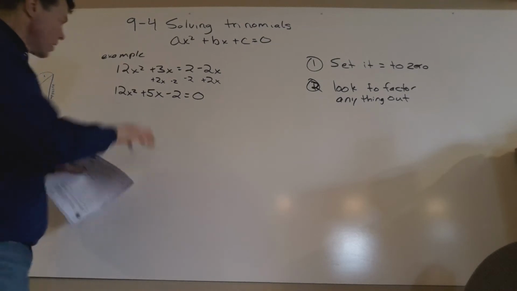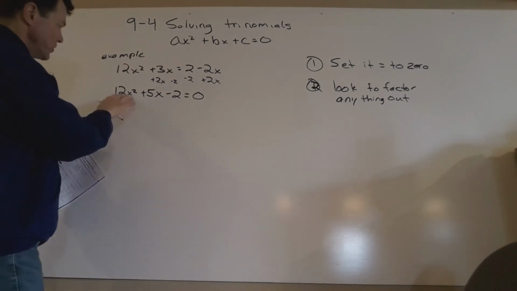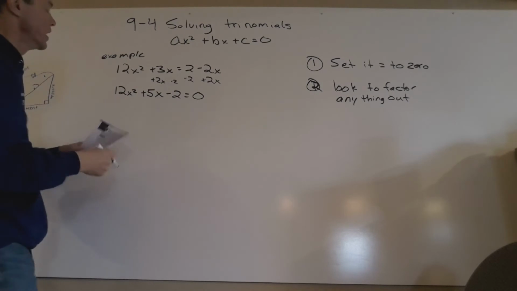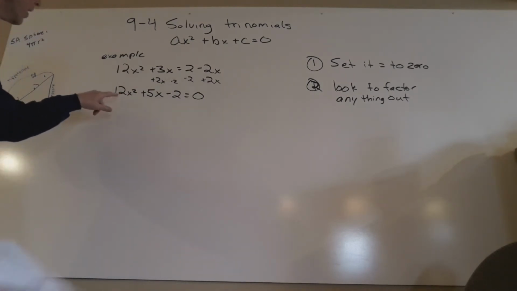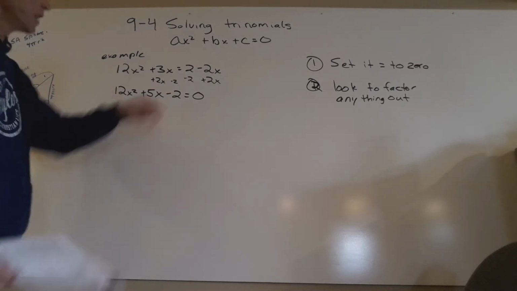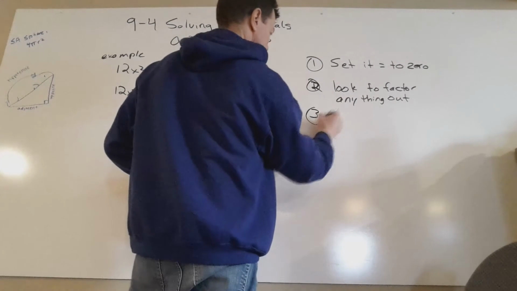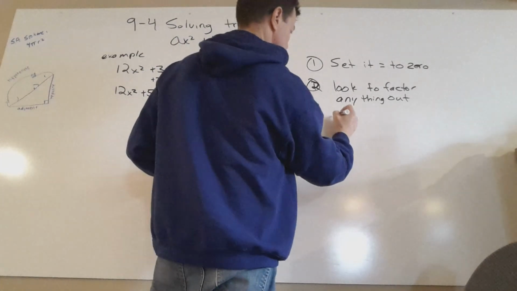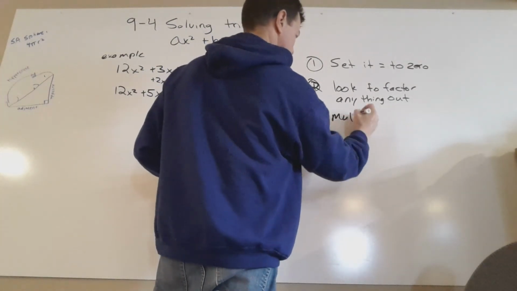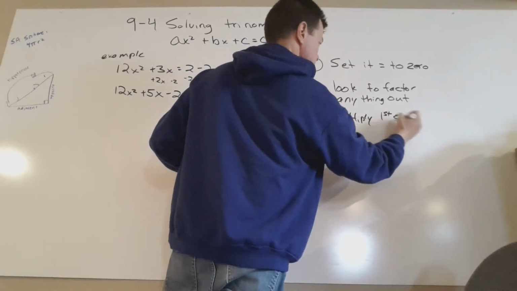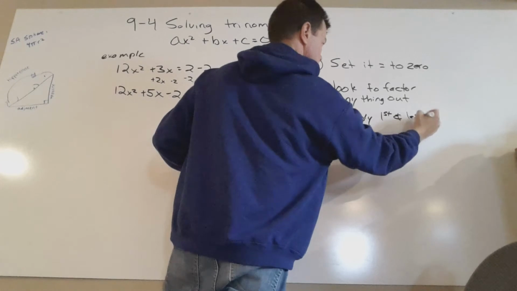So, since we have something in front of this x squared, this goes back to what we had just done in the earlier section. And these are really cool on factoring. Do 12 times negative 2, the first times the last. So the third step in here is multiply the first and the last.